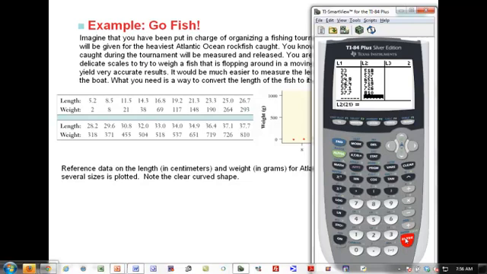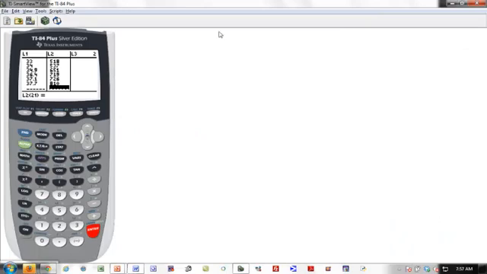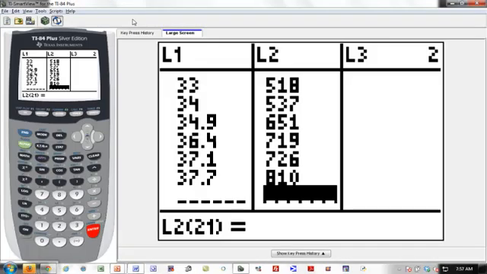Okay. Everyone got the data in? So I've got my data in too. All right. So first things first. What's the data represent?